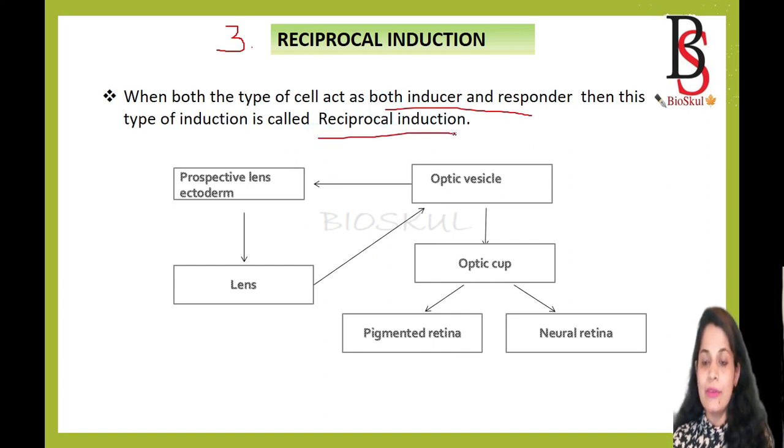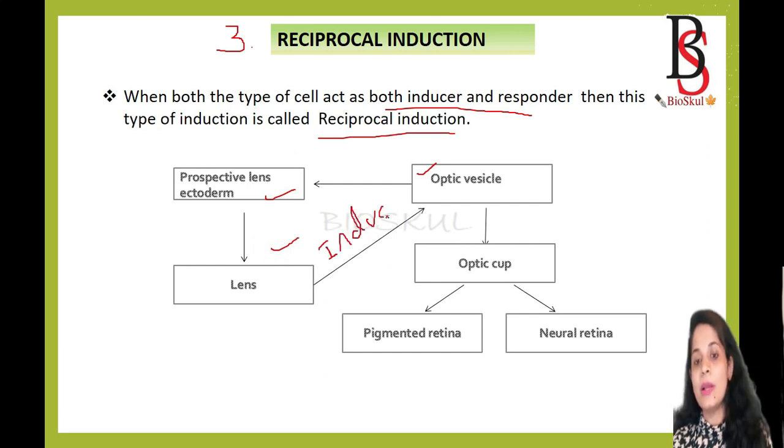So the first step, what happens? We know the optic vesicle induces the head ectoderm to form the lens. So after the formation of the lens, the lens then induces the optic vesicle.